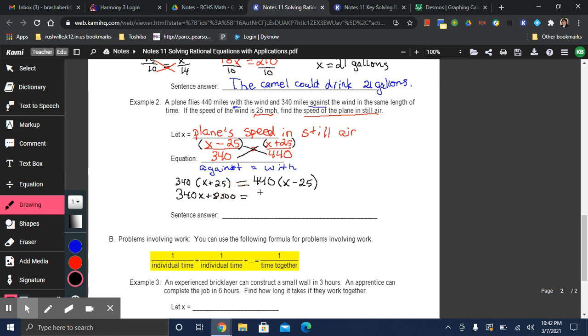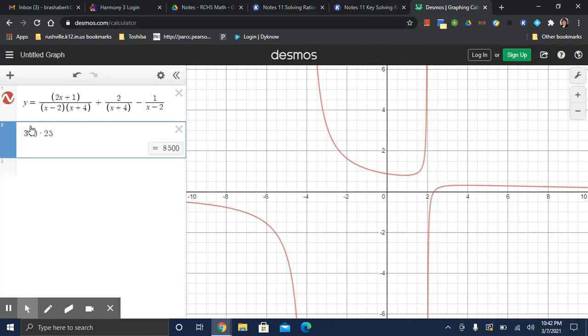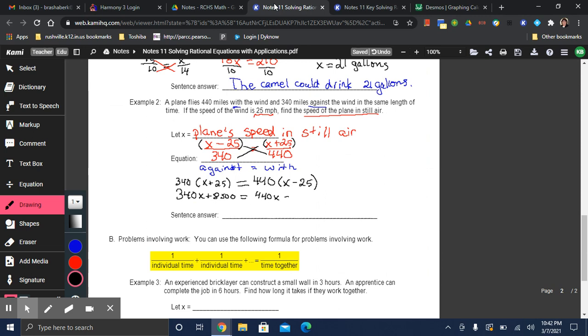Equals, and then we can take 440x minus, and you can calculate 440 times 25. That's going to be 11,000. And now we're going to solve this equation.